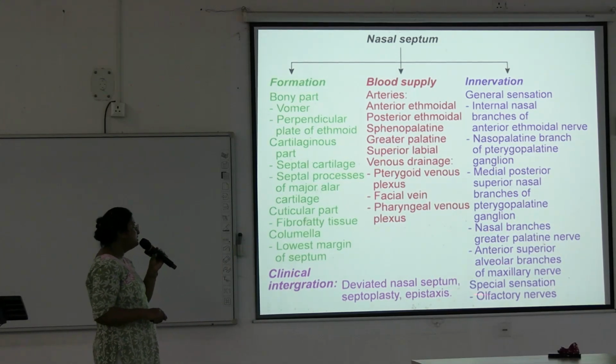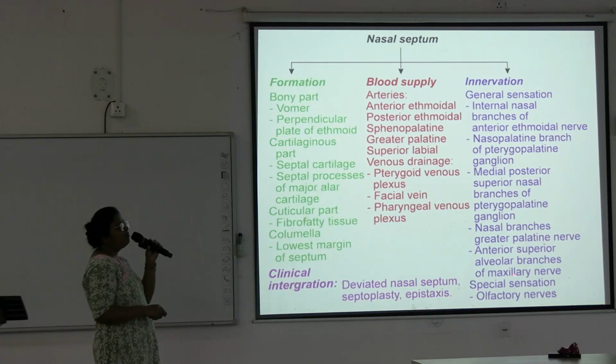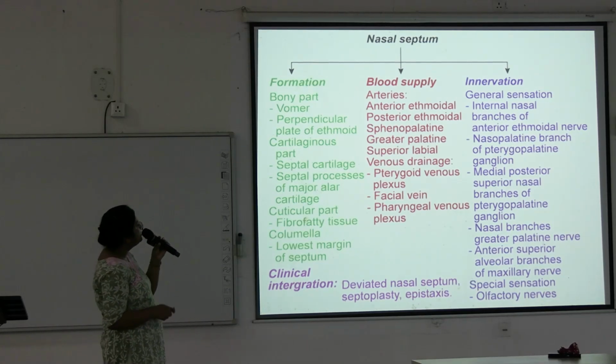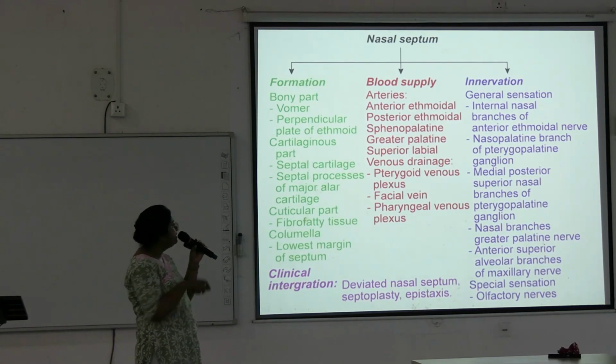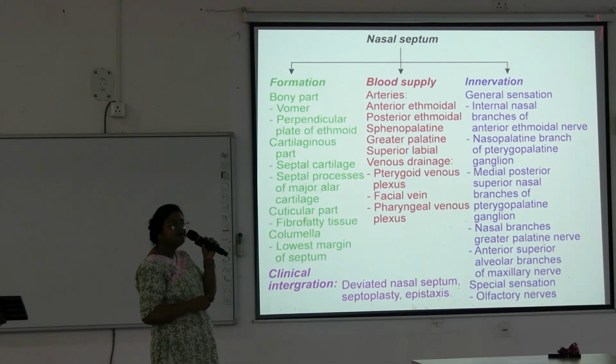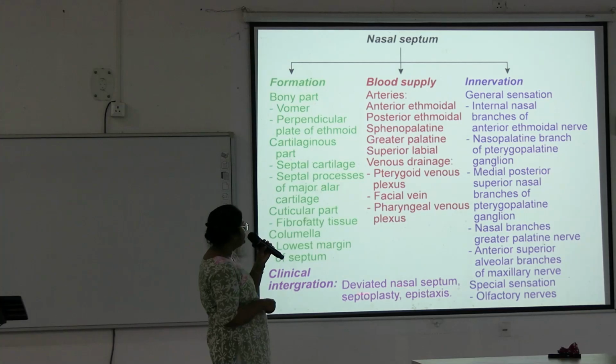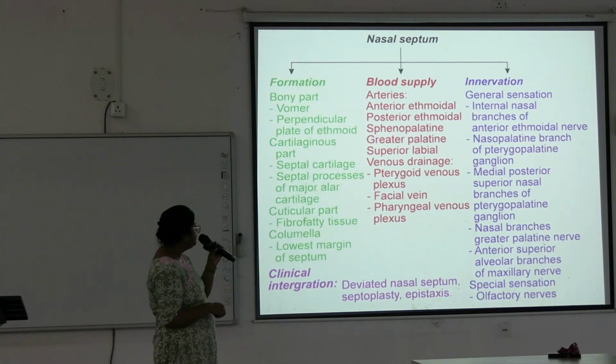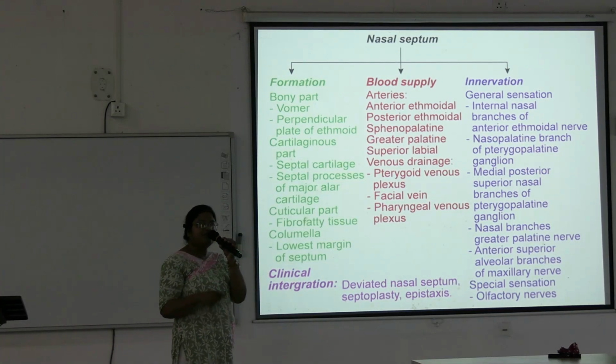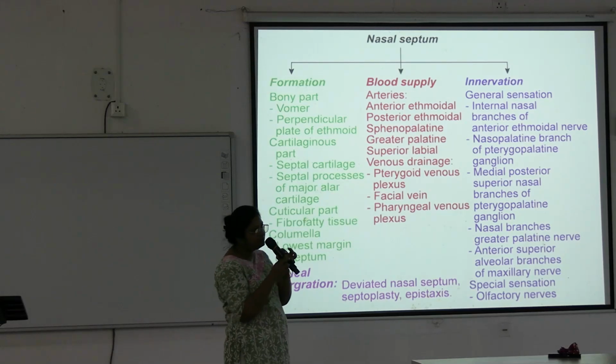And special sensation is carried by the olfactory nerves. So this is the summarization of the blood supply and innervation. You have discussed deviated nasal septum, septoplasty, and epistaxis. These are the important clinical aspects.